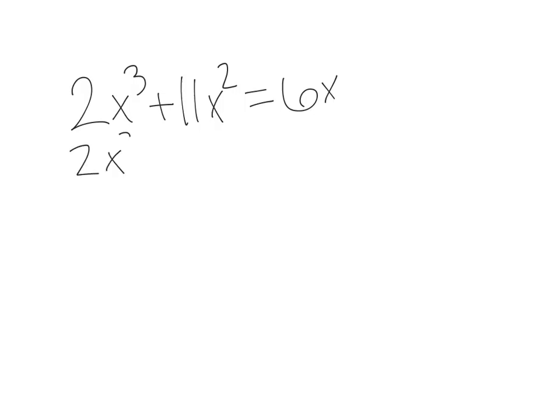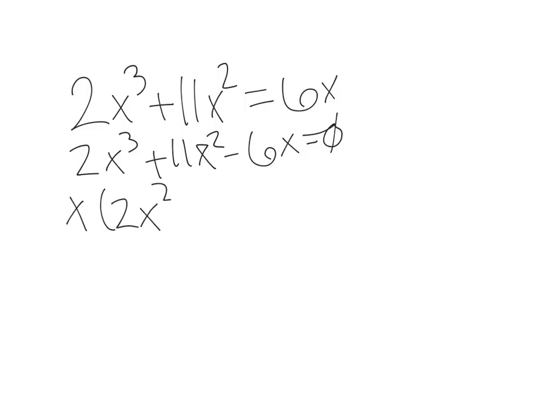Yep, subtract 6x. Is there a GCF? x. I can take an x out of everything, which will give me 2x squared plus 11x minus 6. And then I can factor what's left.